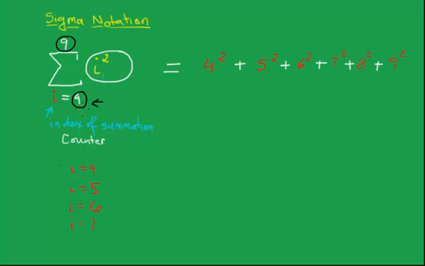So for each value of i, you plug that into the expression inside the sigma, and you get a number, and you add all of those numbers from the starting point, which is 4, to the end point, which is 9. If you want an exact answer for this, you just have to compute them. 4 squared plus 5 squared, and so on and so forth.